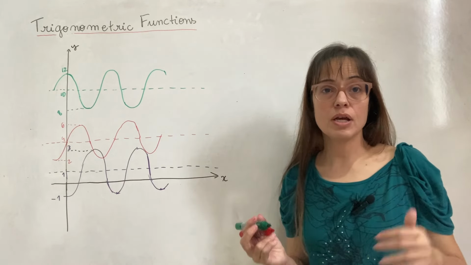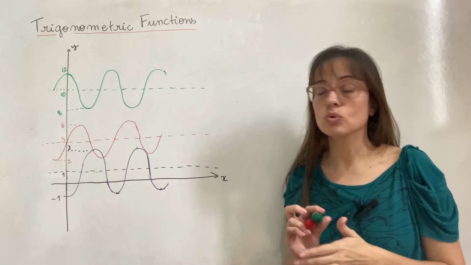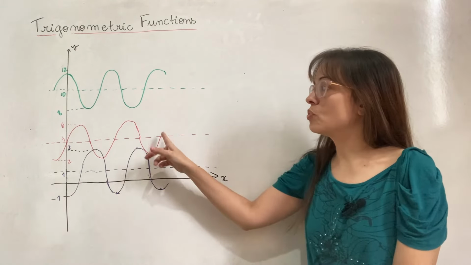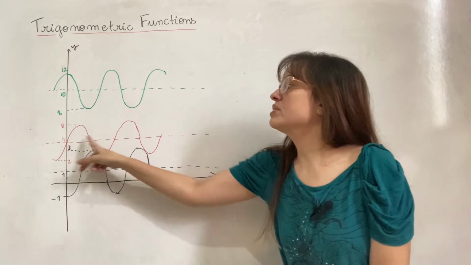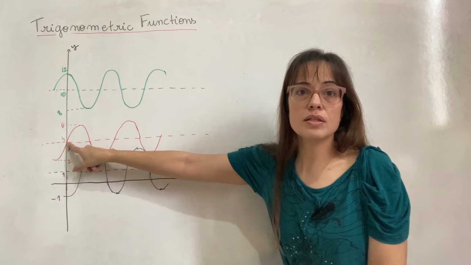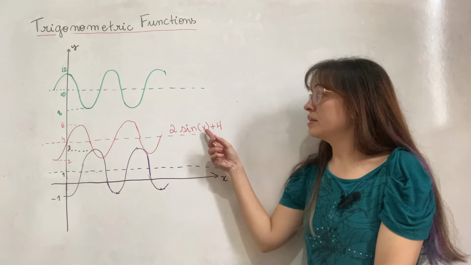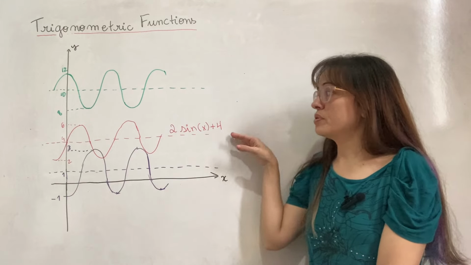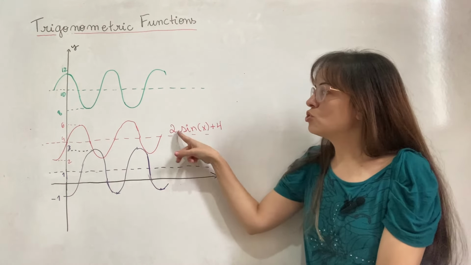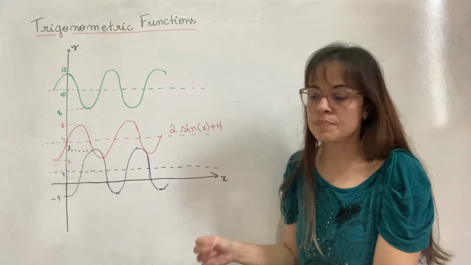Cosine functions also suffer these same transformations, and the way that you recognize one from the other in the graph is by looking at whether it starts in the principal axis or it starts at a local maximum. For example, the red function here has a principal axis at y=4, and it is starting at the principal axis, so this is a sine function. This is 2 sine x plus 4 because 4 is the principal axis and 2 is the amplitude that goes from 4 to 6. Here is 2 units.